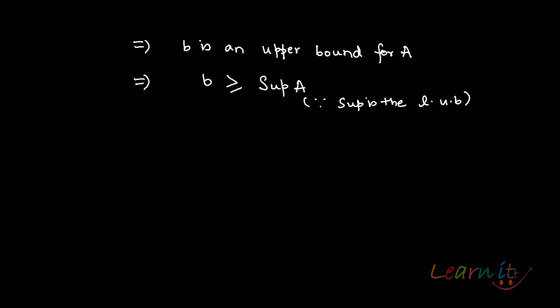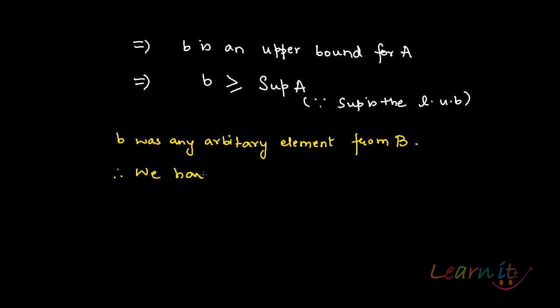So now, b was any arbitrary element from the set B, right? So therefore we have that sup of A is less than or equal to b, for any b belonging to the set B, right?